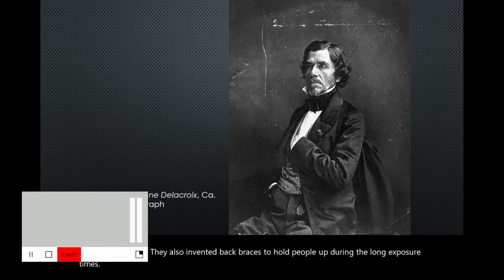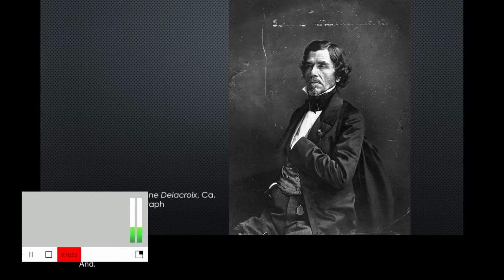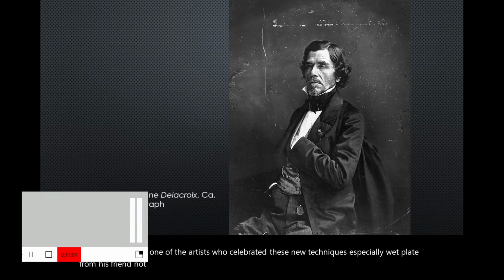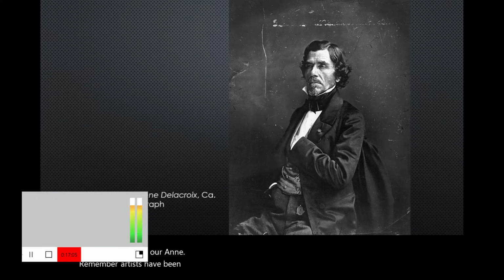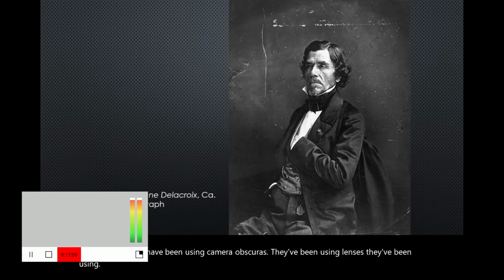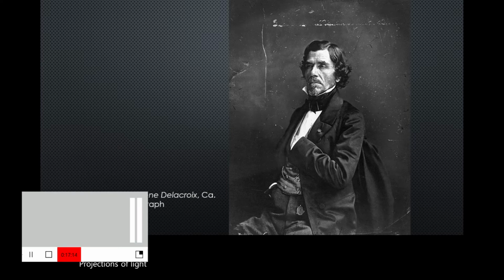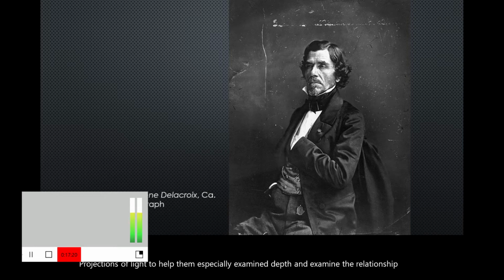And here, Delacroix was one of the artists who celebrated these new techniques, especially wet plate from his friend Nadar. And because, remember, artists have been using camera obscuras, they've been using lenses, they've been using projections of light to help them especially examine depth and examine the relationship of objects in real space.